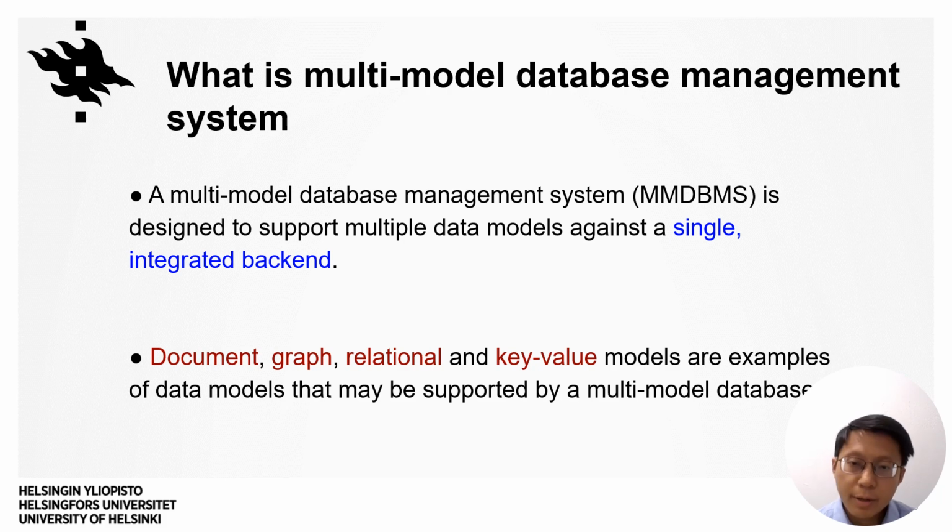A relational database can store only data in tables, but a multimodal database, MMDBMS for short, can support different models of data, including the document, graph, relational, and key-value models. Those different data can be managed with a single integrated backend.